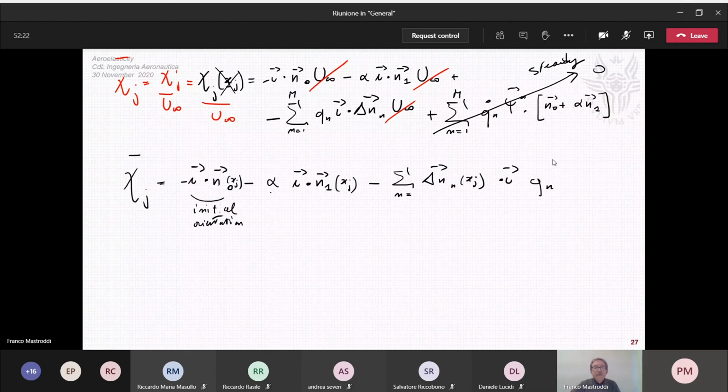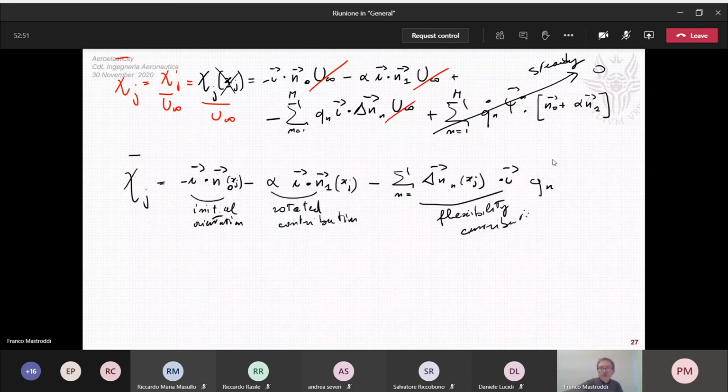Here you have the contribution in the rotated condition, so rotated contribution. And here you have the flexible contribution, flexibility contribution. So in other words, you have a panel like this, and this is the zero angle of attack configuration.